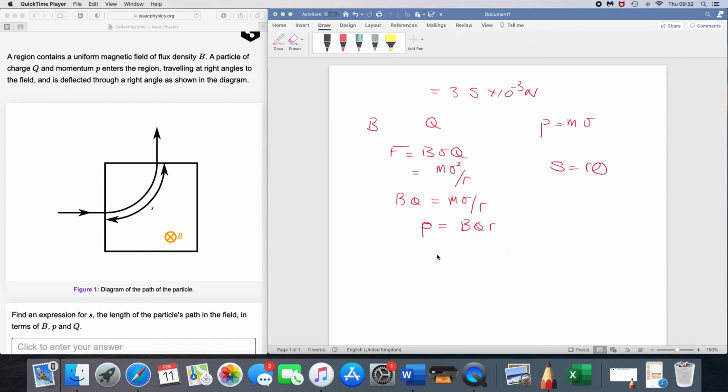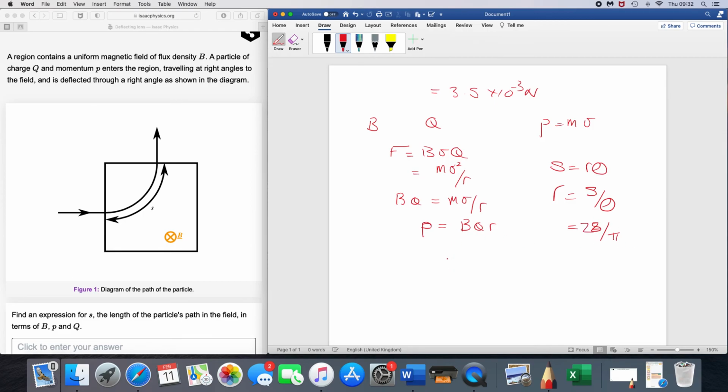So r then is S over theta, but if we look at our diagram, theta is pi by 2. So r is S over pi by 2, which is 2s over pi.